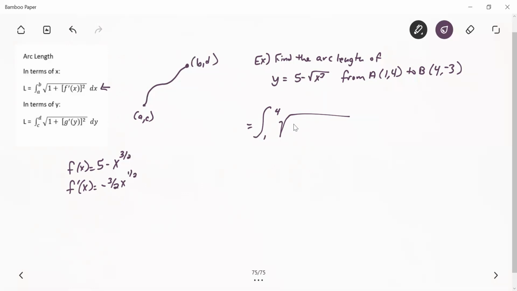Okay, so this is going to be 1 plus our f prime of x, which is -3/2 x to the 1/2, and that's quantity squared.